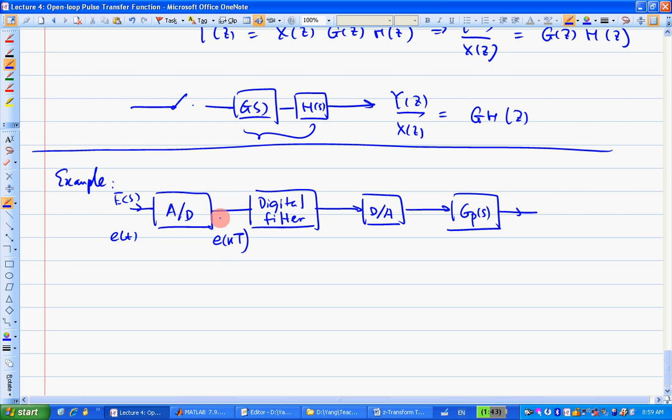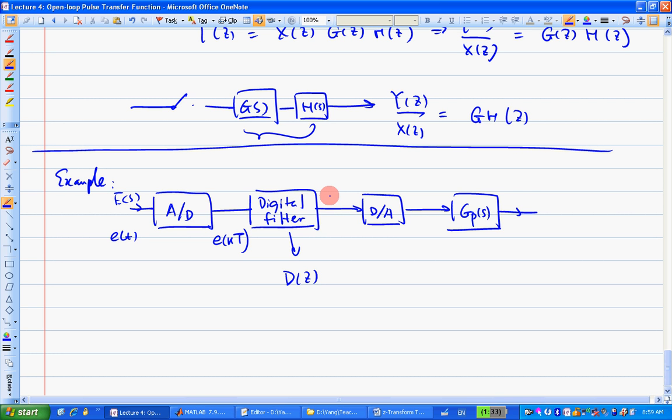The digital filter is the controller, usually represented by a difference equation, or you can use a Z block, because this is already discrete.